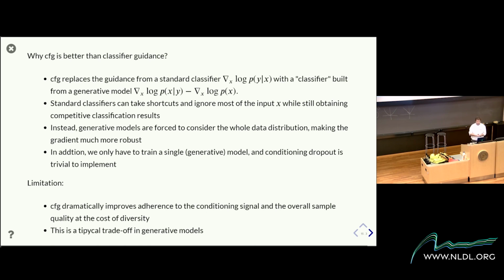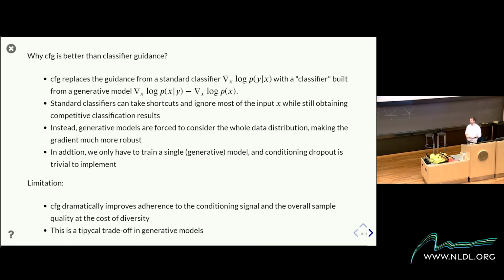As we said, standard classifiers take shortcuts because they ignore most of the input, but that's okay, because even if they do that, they still obtain quite competitive results in classification. However, generative models cannot take these shortcuts. They are really forced to consider all the parts of the data distribution, because otherwise they are simply not able to generate a proper image, right?